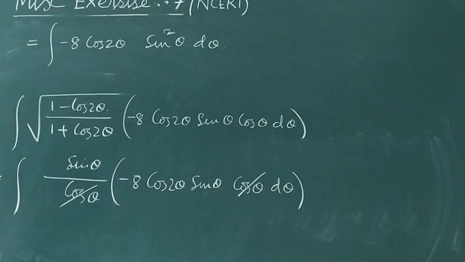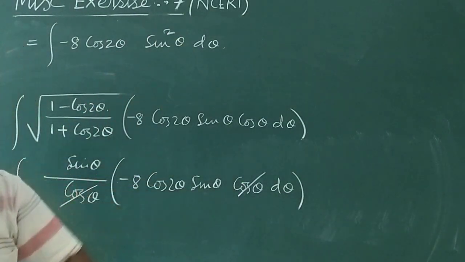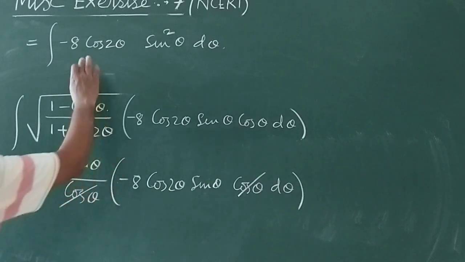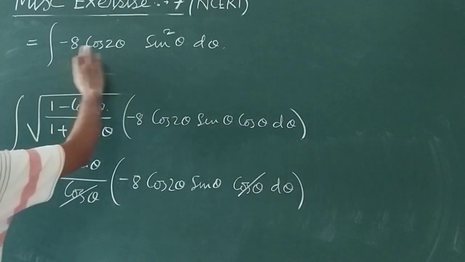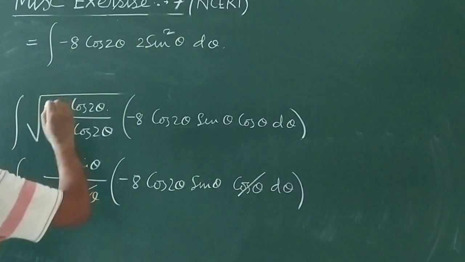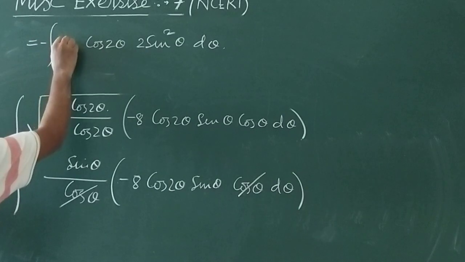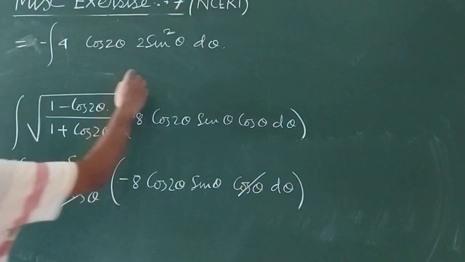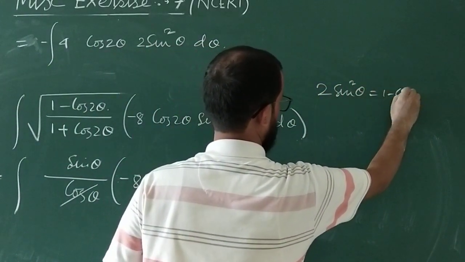हमें क्या करना है, ट्रिग्नोमेट्री फंक्शन में अगर स्क्वायर टर्म या क्यूब टर्म्स हैं, दैट शुड बी कन्वर्टेड इनटू लिनियर, otherwise you will get difficulties to perform the integral. So what we will do, from minus 8 one 2 transferred here, so what will remain is minus 4. ठीक है, now 2 sin square theta equal to 1 minus cos 2 theta.